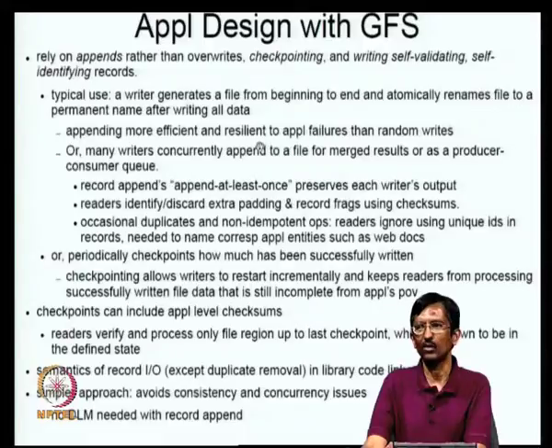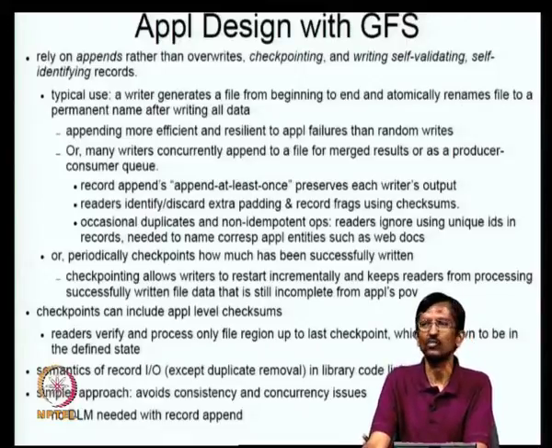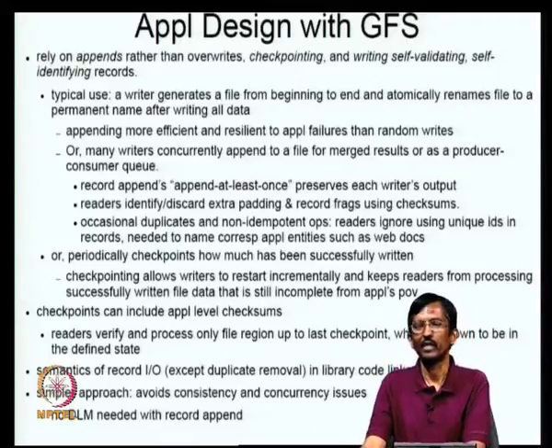RPC has semantics, either at most once or at least once. At most once means it is either 0 or 1 time. Typically in RPC, people try to give you at-least-once semantics, and NFS is based on at-least-once semantics. That means if you try to do an NFS operation, it is done at least once.